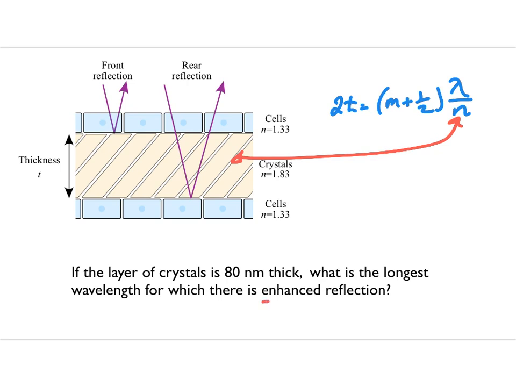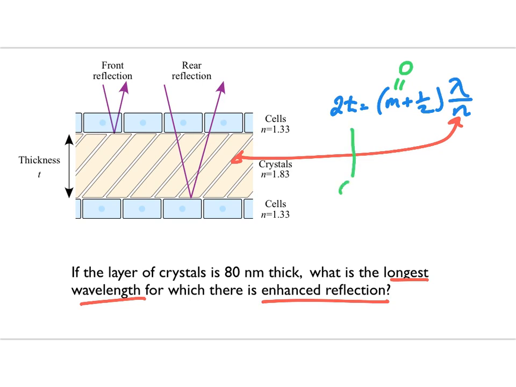And I want enhanced reflection. And the question asks, what's the longest wavelength? Now take a look at this relationship. t is the thickness of the layer. If I want the longest wavelength, that means I want the number m to be small. So I'm going to pick m equal to 0, because that will give me the biggest possible value for lambda. t is the thickness of the layer.